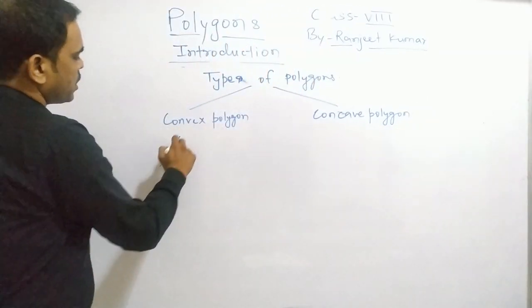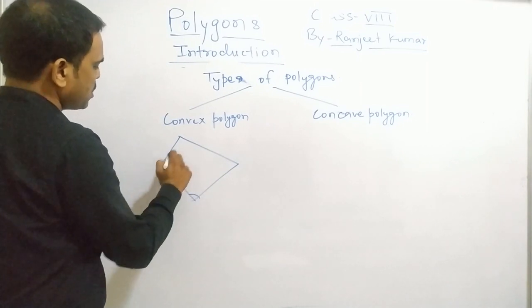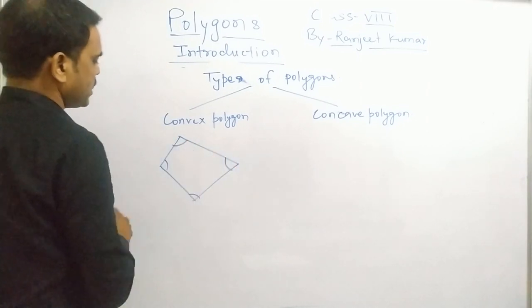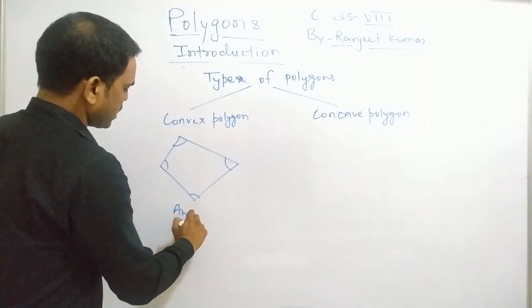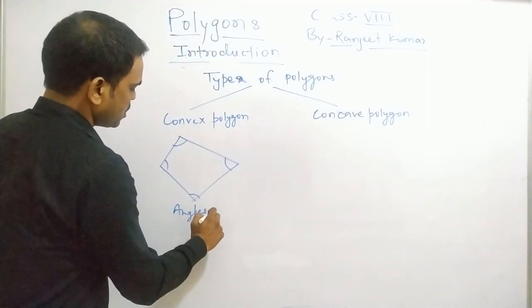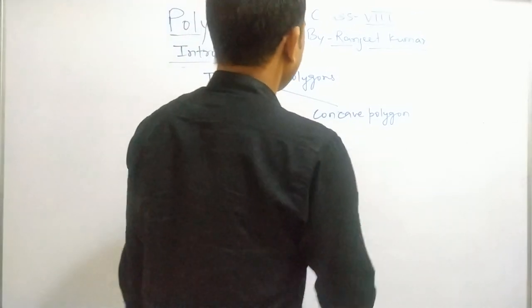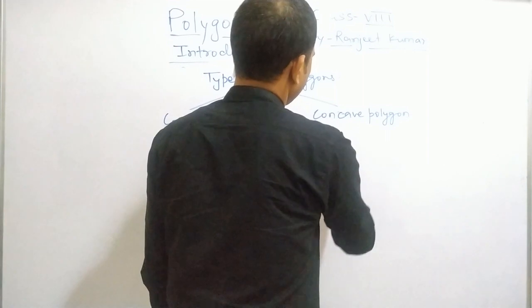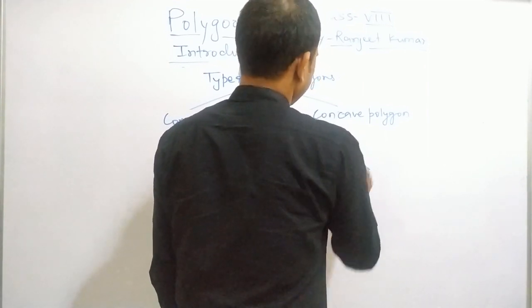In convex polygon, you will see all the angles less than 180. But in concave, you will find one angle more than 180.